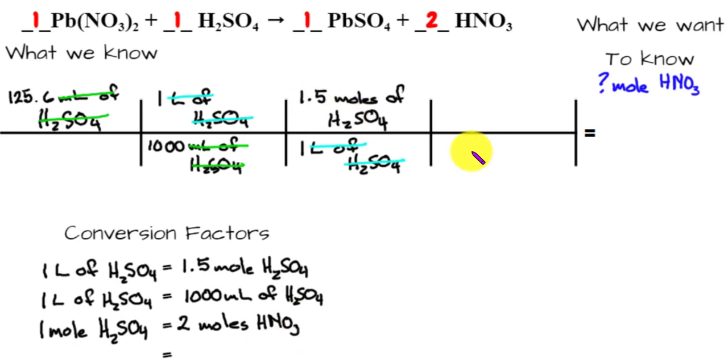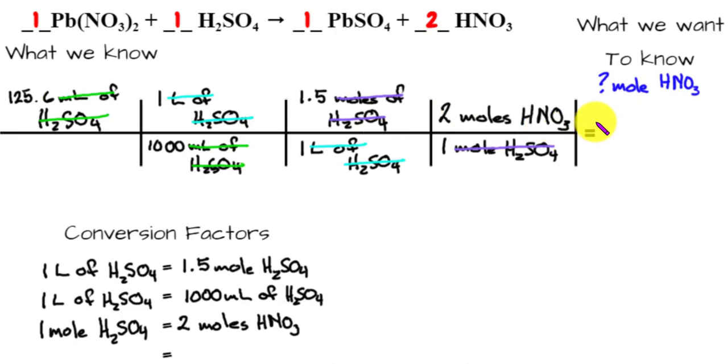I want moles of H2SO4 on the bottom, so 1 mole H2SO4 for every 2 moles HNO3. I do that so that I can cancel moles of H2SO4 with moles of H2SO4, leaving me in moles of HNO3, which is what I want.